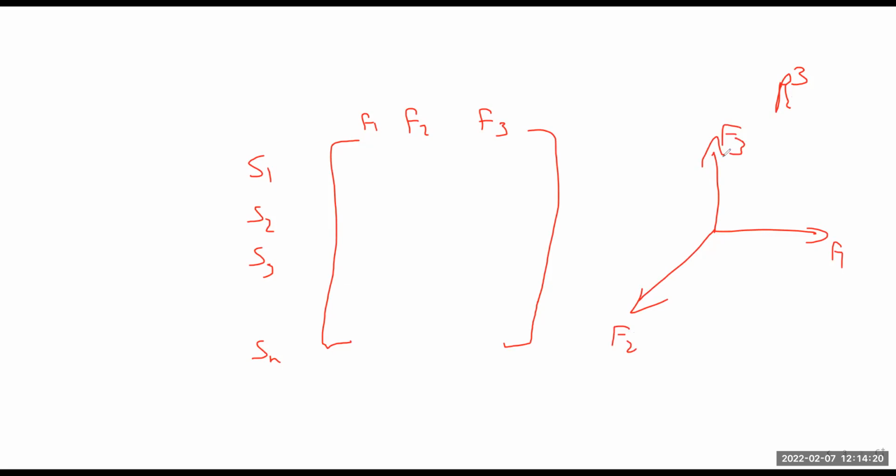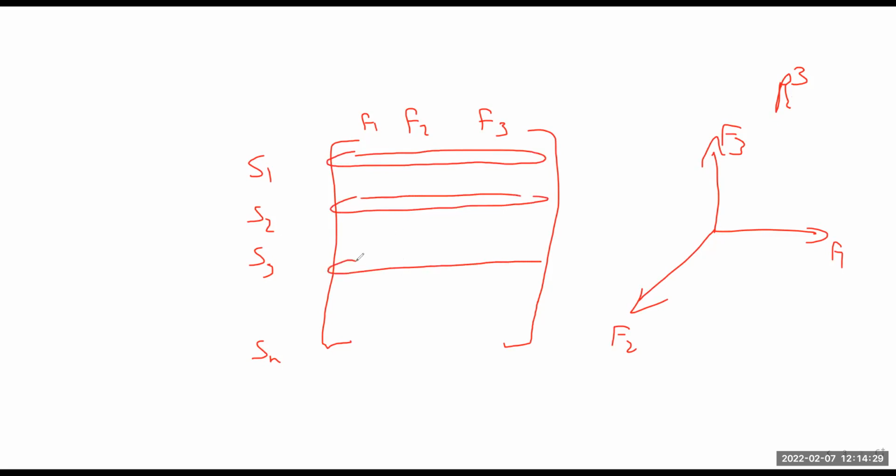We don't have labels like we did before, but we do have that every single one of these vectors, or these rows, is what? It's going to be a point in this vector space, right? So let's say that S1, S2, and S3, they kind of fall over here for whatever reason. But then we have an S5, it's another row or sample, and it kind of falls over here.